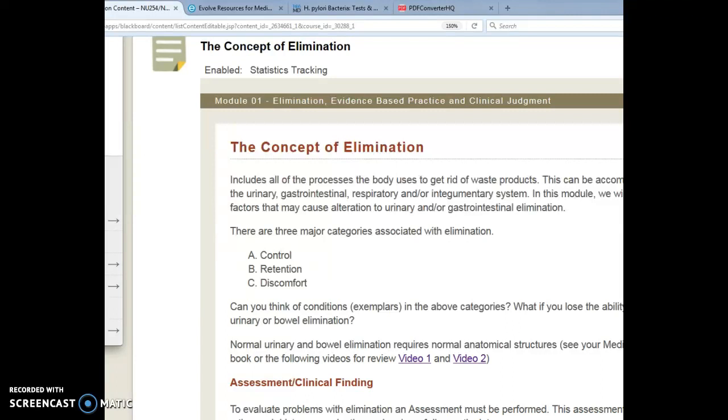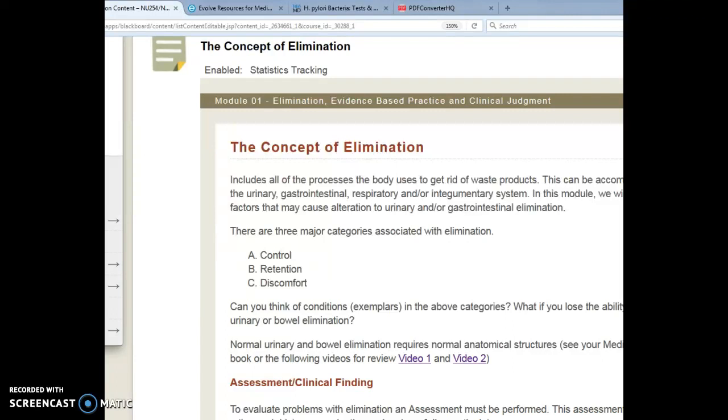On the GI side, gastritis, ulcerative colitis, Crohn's disease, stomach cancer, colon cancer, bladder cancer, kidney stones as well. These can all be listed as exemplars of the elimination concept.